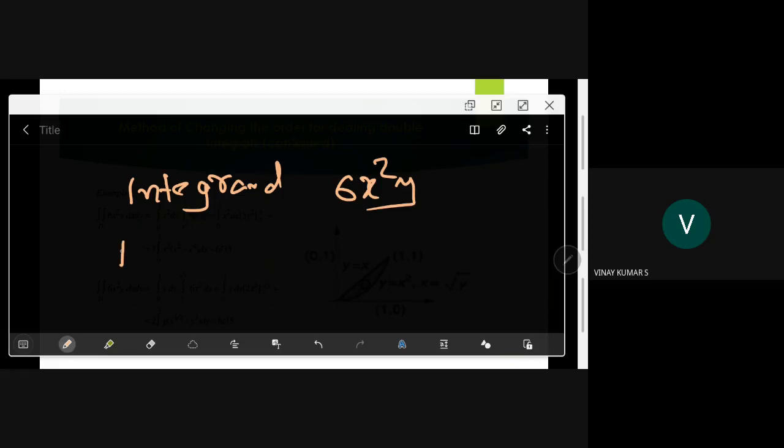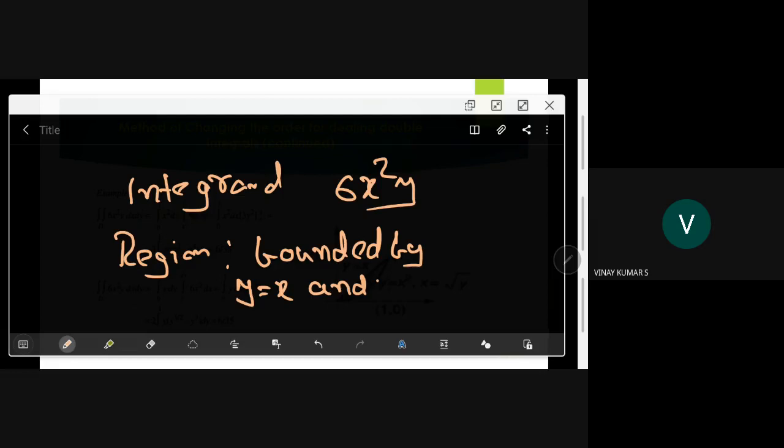Next, you need to worry about the region of integration, that is, where you are choosing this x and y from. They give it like this in the GATE paper: the region is bounded by the curves y is equal to x and y is equal to x square. Then only you can evaluate the integral.